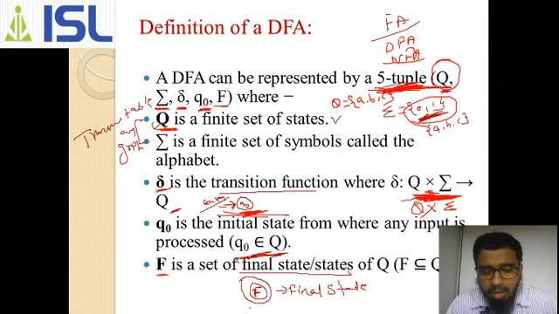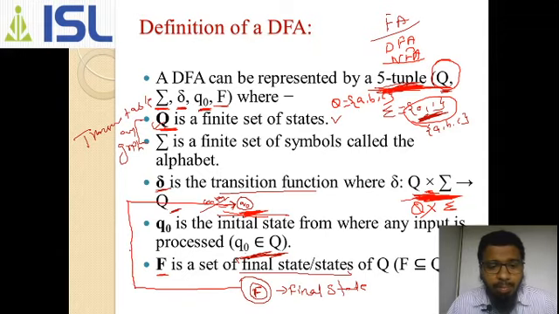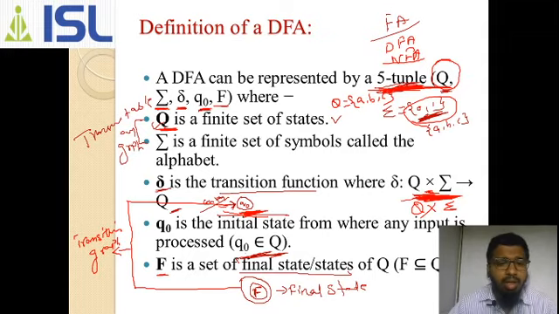By a double circle. You can identify it with the transition graph. In a transition graph, if an empty arrow is given to any state, that is the initial state, and if any state has a double circle, that is a final state.